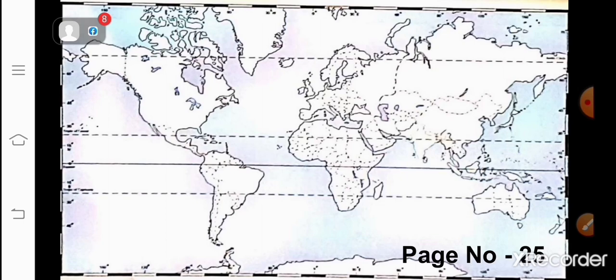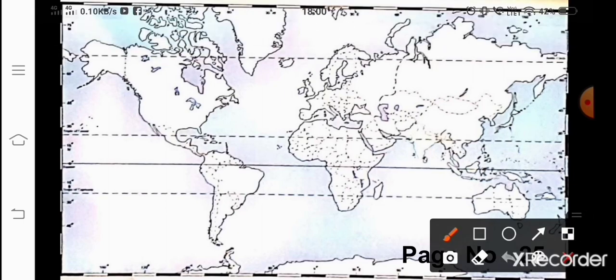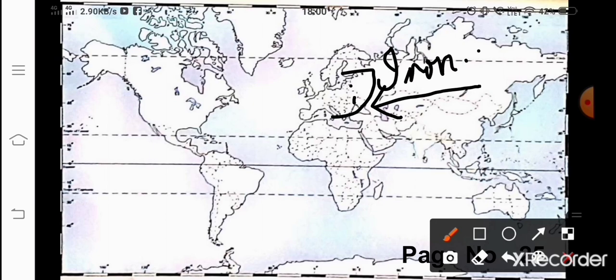See, I'll mark it here as 1, and I'll draw the arrow here. I will only write here iron ore, but children, you have to write the full, that is iron ore producing region in Europe. Okay, am I clear to you? Because I have already shown you in the previous map how it should be written.